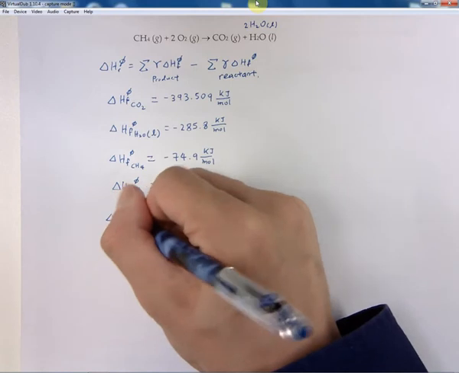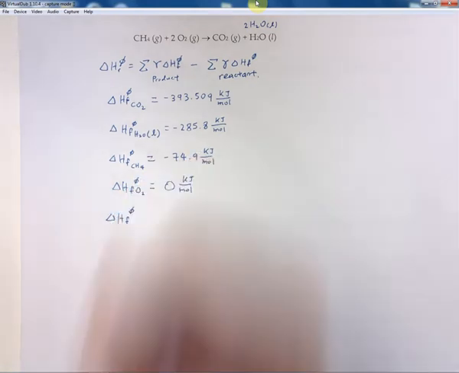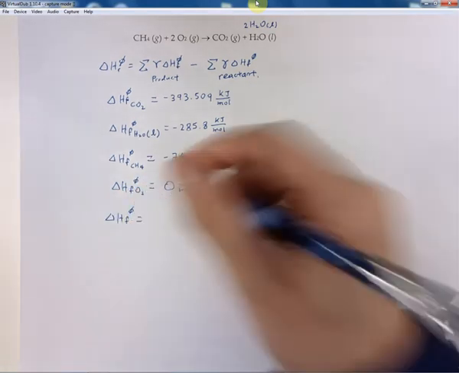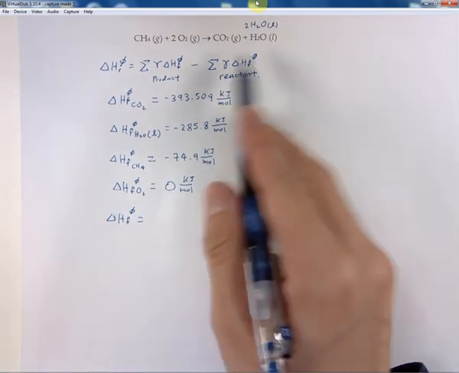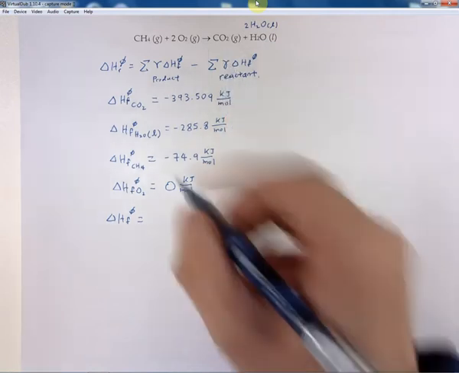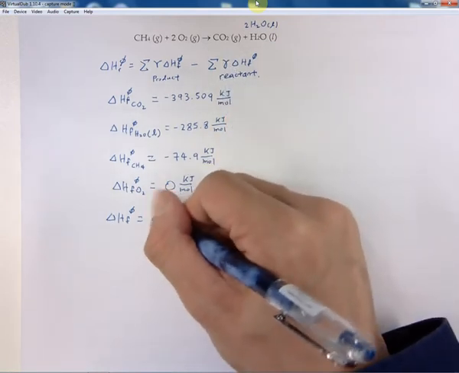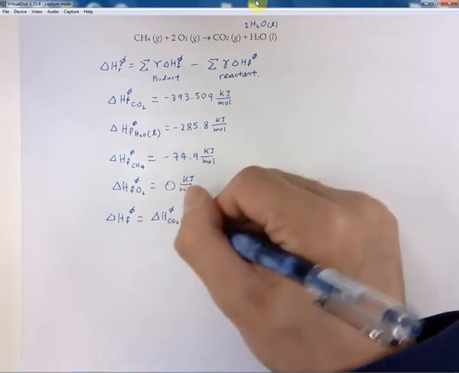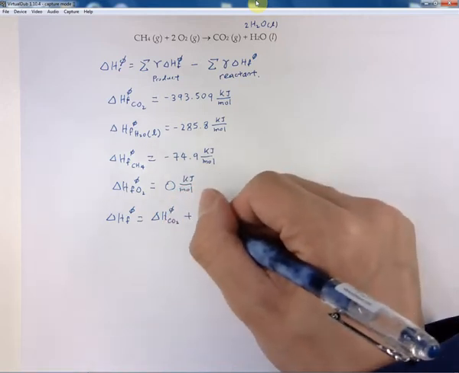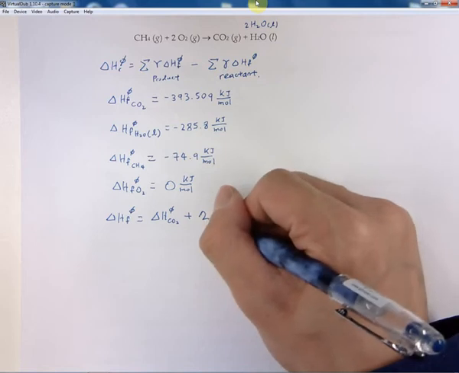Let us calculate the heat of reaction, which is the product: we will have CO2 plus 2 times water.